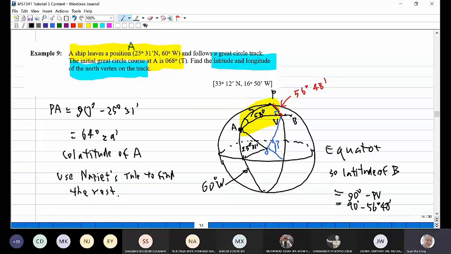And then you can find that this is equal to 33 degrees, 12 minutes. So this angle is, it's 33 degrees 12 minutes, not 35.